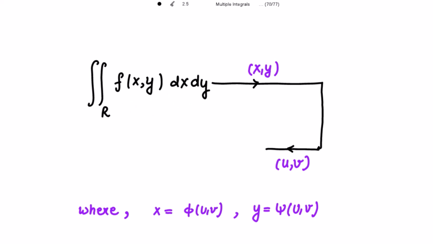So let the variables x, y in this double integral be changed to u, v by means of the relations x equal to phi of u, v and y equal to xi of u, v, right? Which means x is written in terms of u and v.